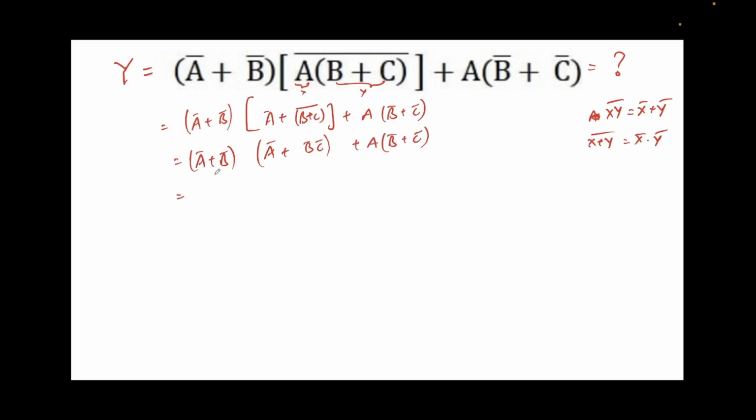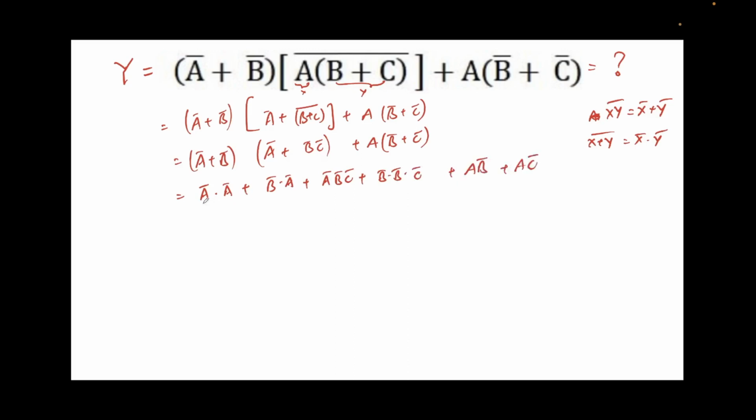Now let's multiply the terms. I'll get A bar times A bar, so I'm writing A bar plus A bar B bar C bar, plus B bar times A bar, plus B bar times B bar C bar, plus A B bar plus A C bar.